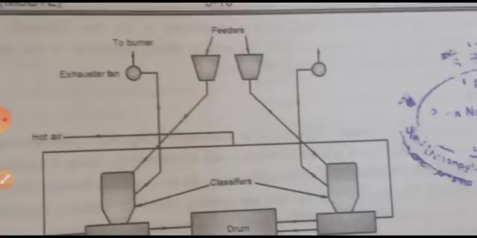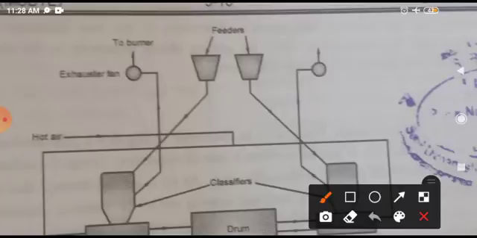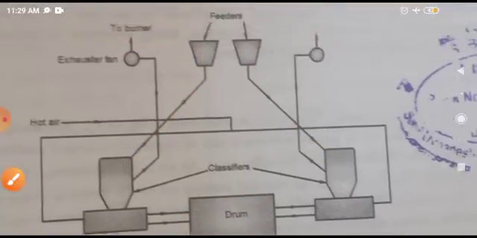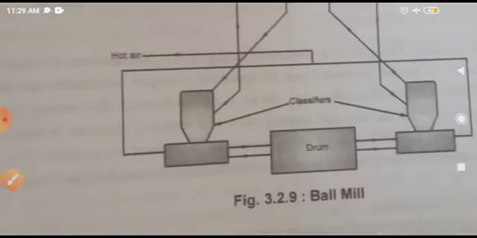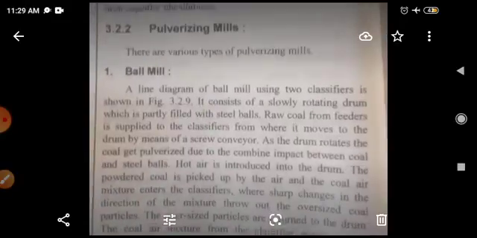Hot air is drawn by the exhaust fan to the burner from here, and here is a drum which contains small balls of harder material. Okay, and then classifiers are there which separate the coal depending on its size, and which is again fed to the drum for the pulverization. Okay, let's see what a ball mill is.